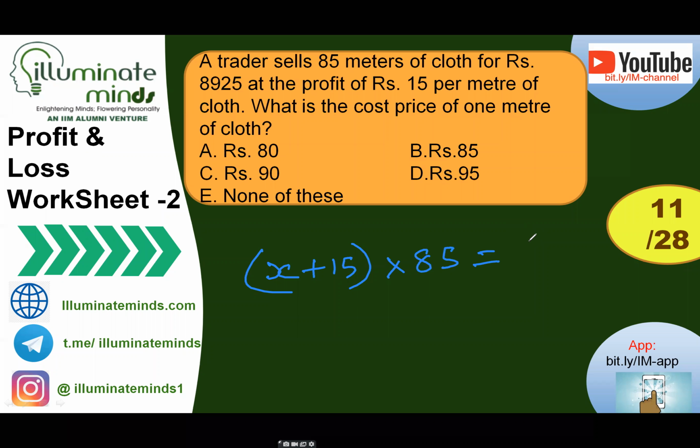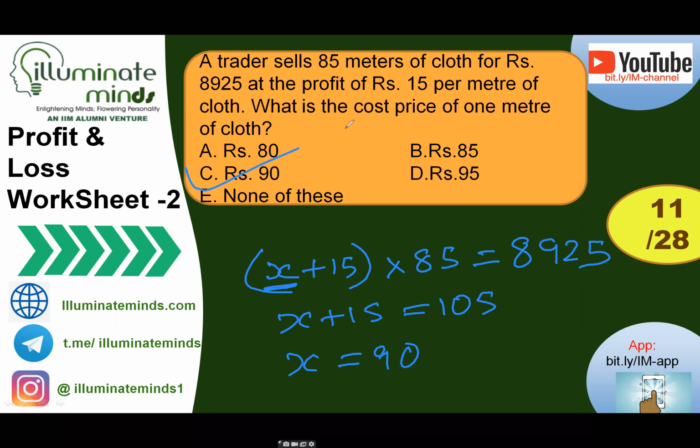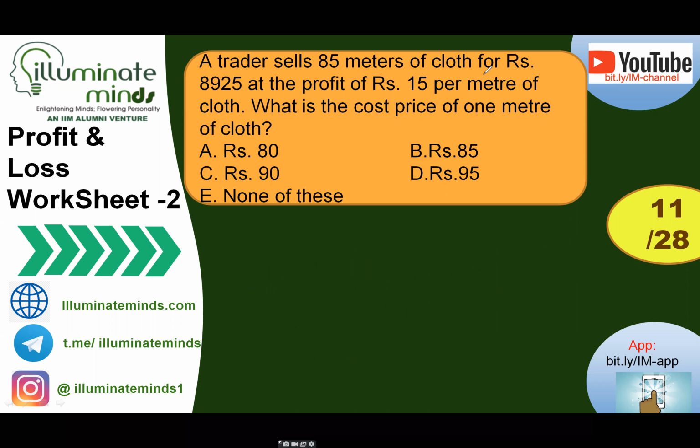The total money that he earned is 8925. So 8925 divided by 85 will give me 105. So X plus 15 is equal to 105. X is equal to 90. So 90 is the cost price for each meter of cloth. Is this okay?